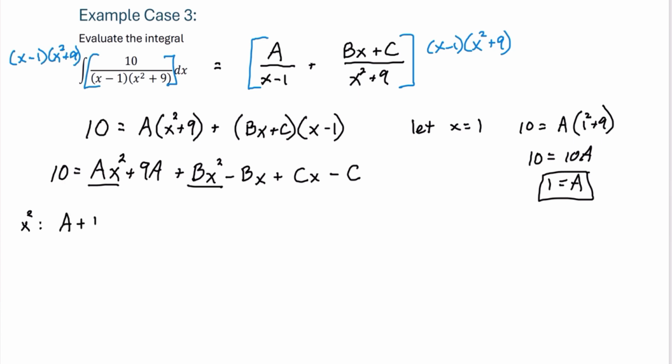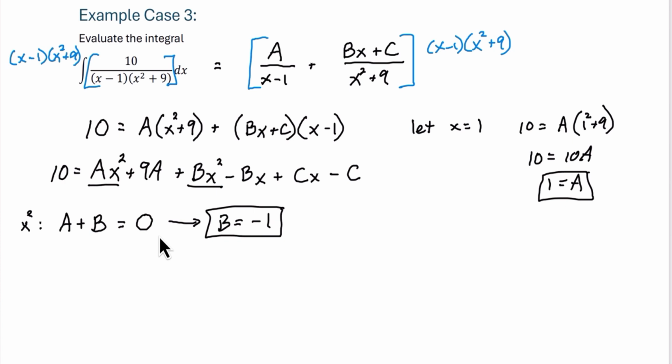A plus b, just focusing on those coefficients, will be equal to the coefficient of x squared on the left side. We don't see a term containing x squared, so that coefficient is 0. If a plus b is 0, and we already know that a is 1, that tells us right away b must be negative 1.